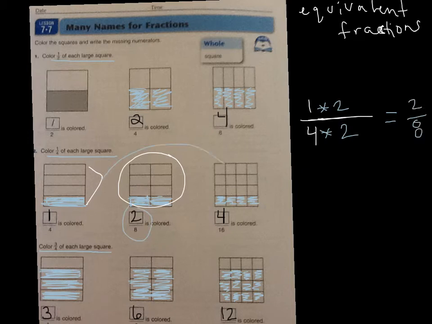And to get to that last one, we started with 1/4, and this time there are 4 times as many equal parts, so we multiplied by 4 on the top and the bottom, and we get 4/16.